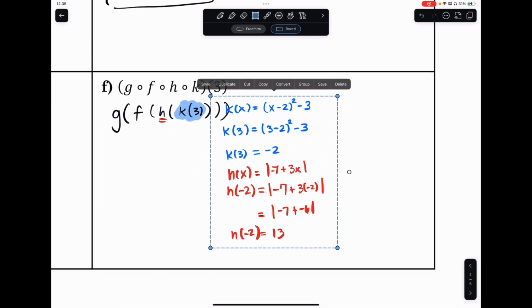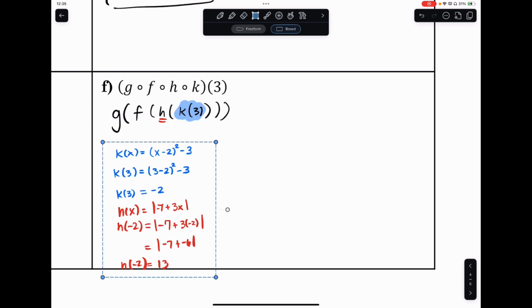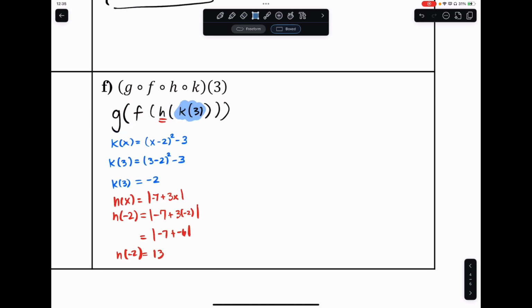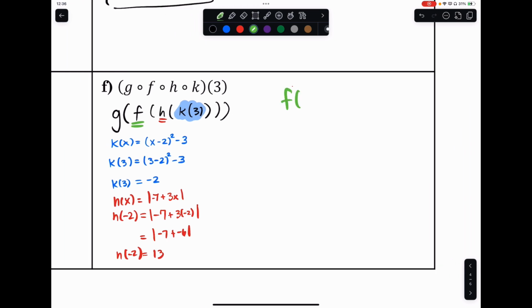And make it a little bit smaller and put it underneath here. And I now want to work with the function f and evaluate f when x is now equal to 13.